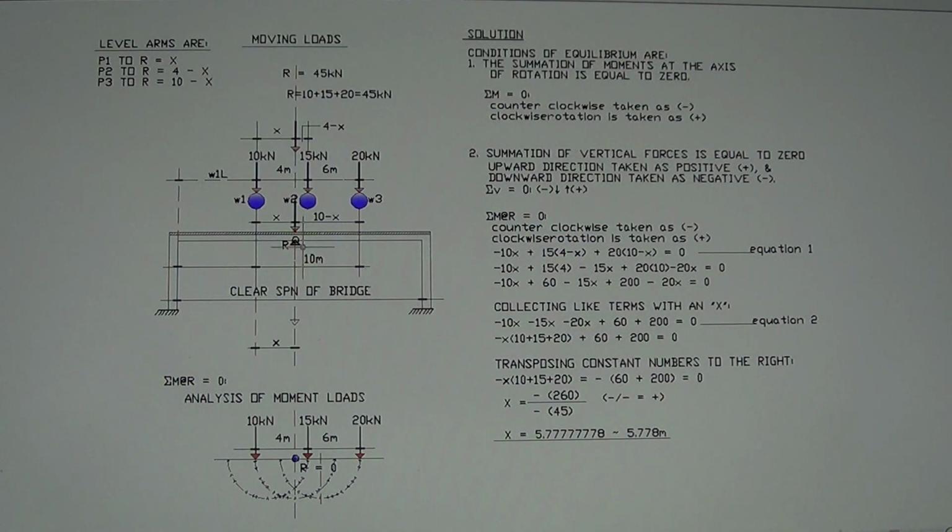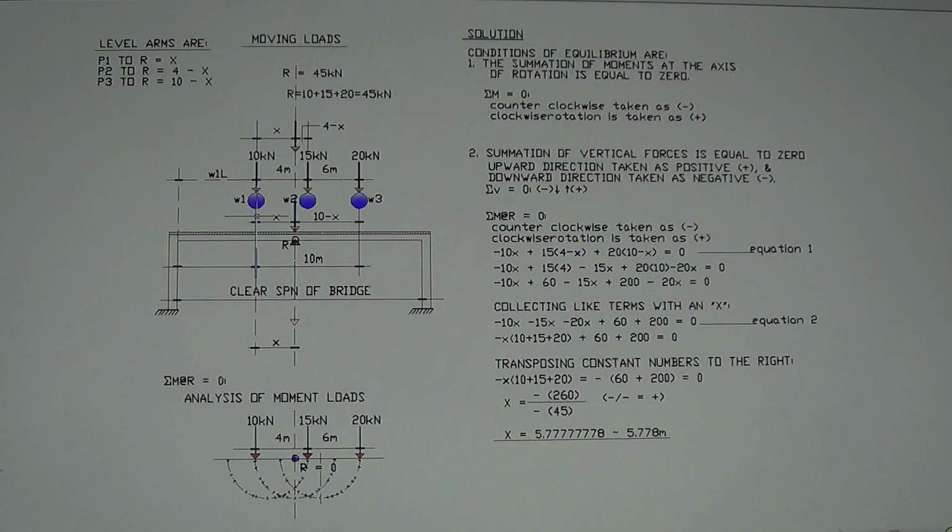When you take moment at R, that is the axis of rotation, and all these forces here, the 10, 15, and 20 kilonewton, will rotate around that point.